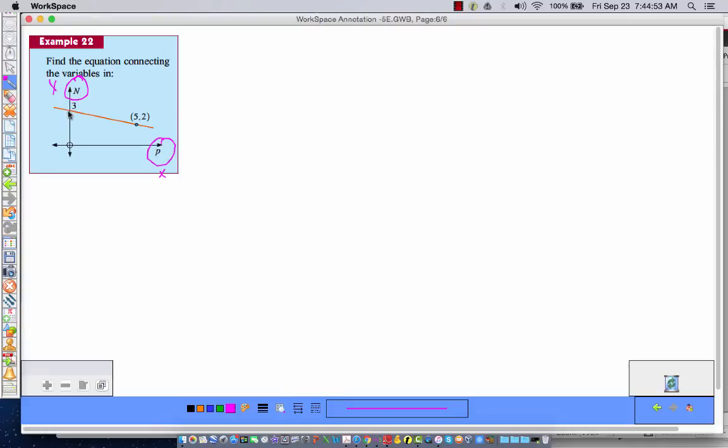So again, we have a situation where we have the y-intercept, and that has the coordinate 0, 3. So whenever that occurs, I'm going straight to y equals mx plus b, because I immediately know that my b is equal to 3, and all I need now is the slope. So I'll use these 2 points to find the slope. Again, m equals y2 minus y1 over x2 minus x1, which is equal to, I'm going to use my y2 as 3.